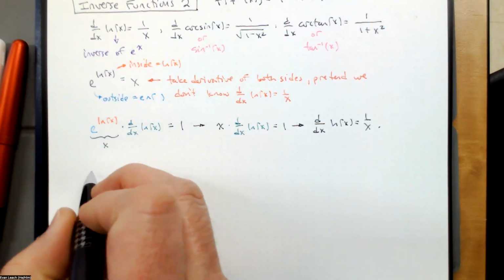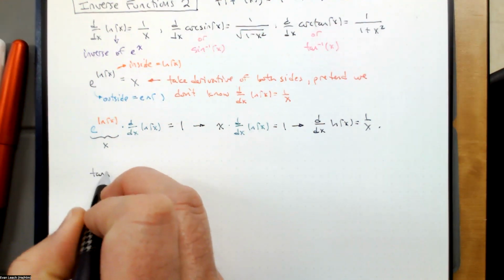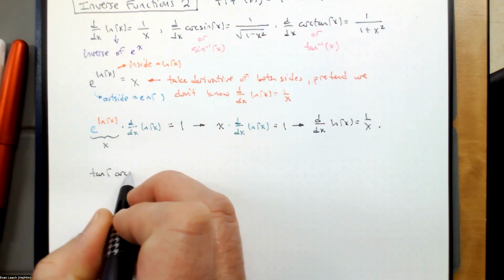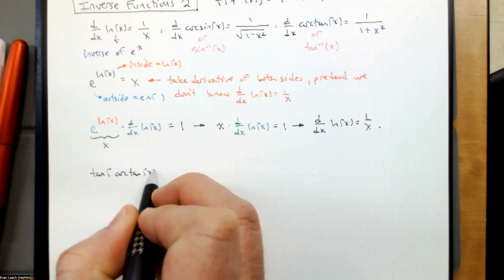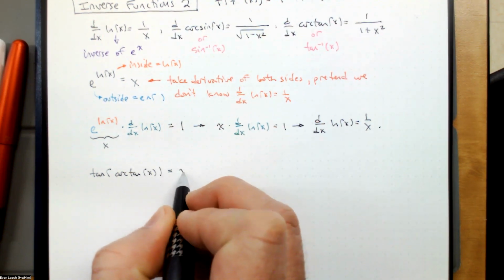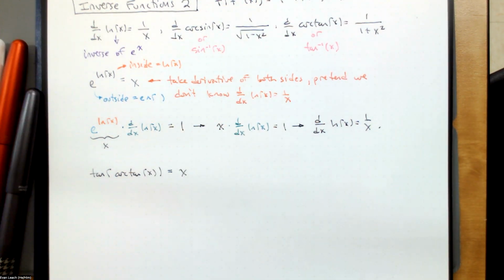So the setup is going to be, we'll take the tangent of the arctangent of x is equal to x. Once again, we're going to take the derivative of both sides, pretending that we don't know the derivative of arctangent.